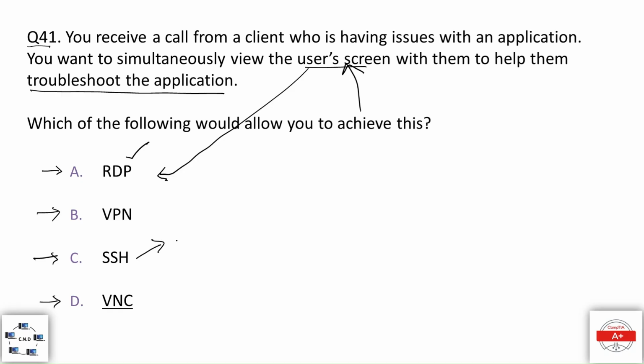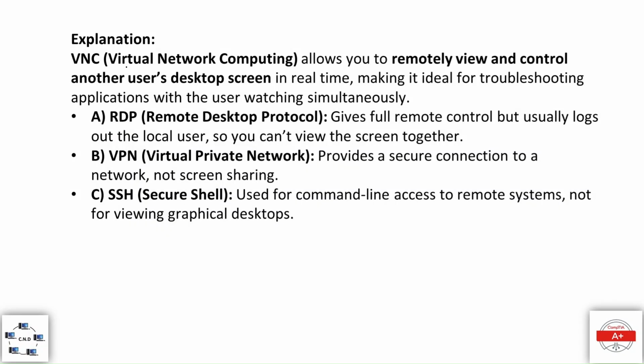SSH is used for secure and encrypted management of remote devices such as network switches and firewalls. So VNC, virtual network computing, not virtual network connectivity, allows you to remotely view and control another user's desktop screen in real time, making it ideal for troubleshooting applications with the user watching simultaneously.